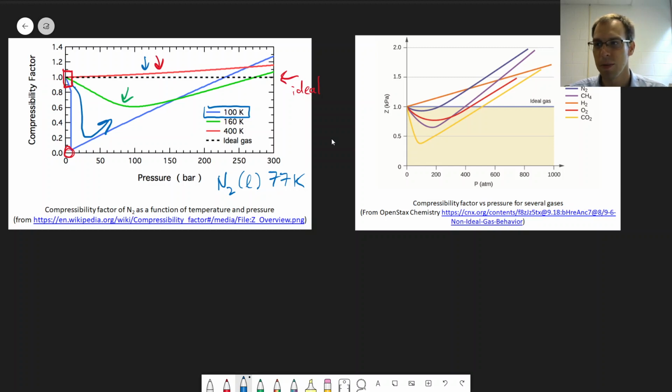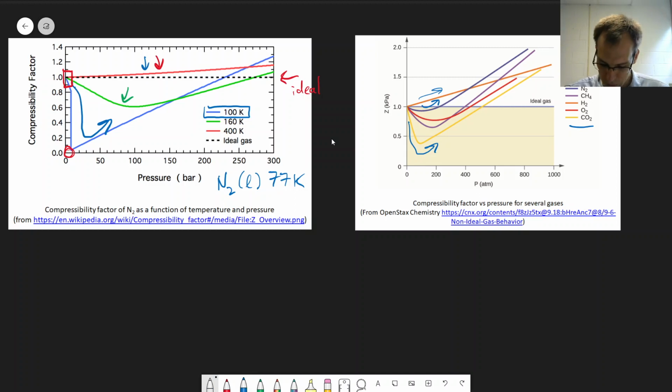If all of these are at the same temperature, I don't have the temperature listed on here, so I assume it's room temperature, we see very different behavior for these gases as we increase the pressure. And here the pressure is in atmospheres. Carbon dioxide has the biggest deviation here, whereas nitrogen stays fairly close to 1. Hydrogen never decreases and goes up.